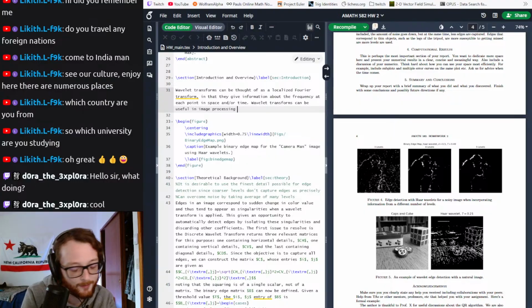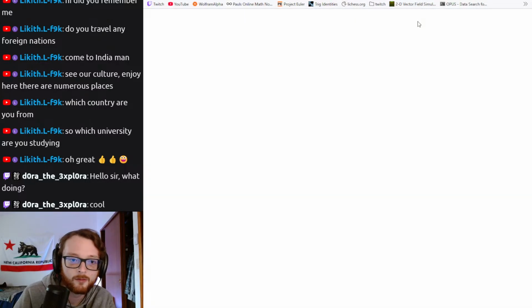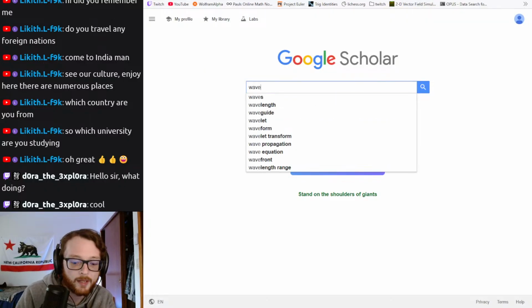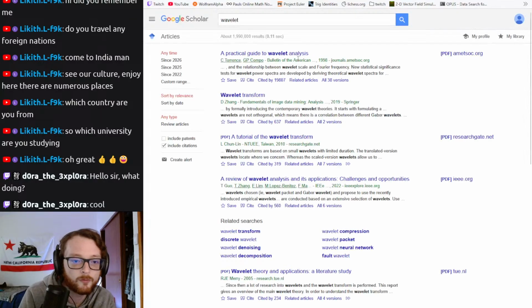I could try and find a few random papers that use wavelets for different things and just cite them so I have something to back up, because they're used a lot in medical imaging, like with MRI scans and stuff like that. Actually, just search wavelet.